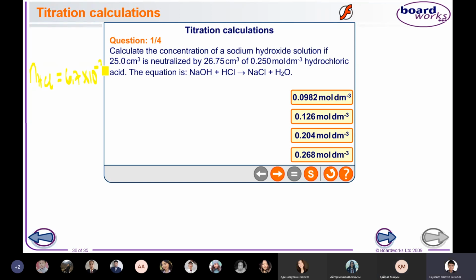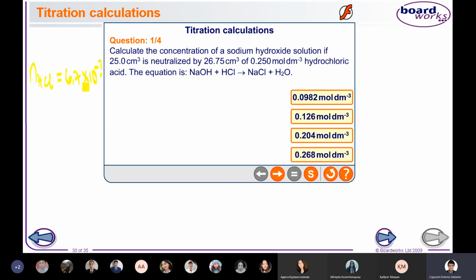Can you confirm, everybody, if we have the same answer? So basically, that would be 0.250 multiplied by 0.02675. All right, yes, that's correct.